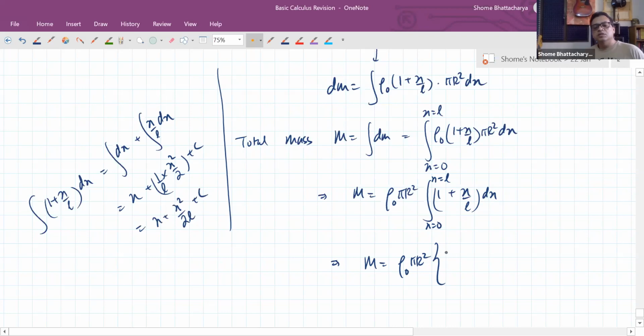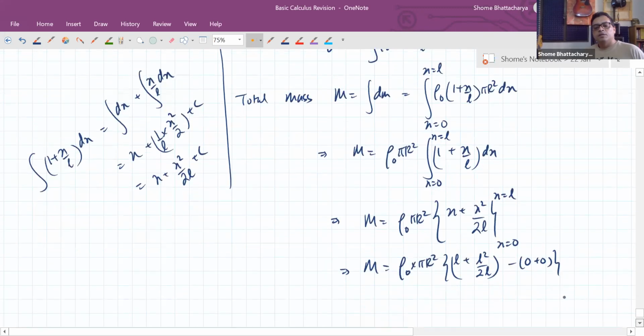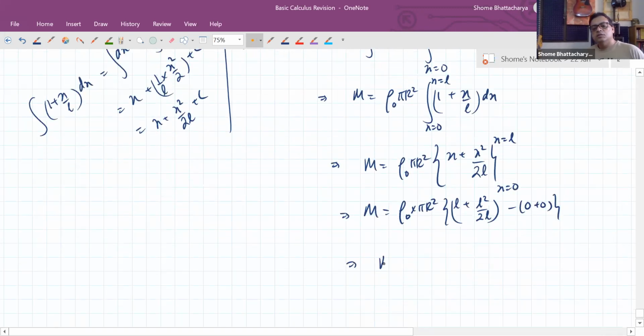When we put the limits, we don't need to write the integration constant. Instead, we'll just put the limits x equal to 0 to x equal to L. So the upper limit minus the lower limit, the lower limit will be 0 only. Okay. So the total mass will become 3 by 2 rho naught into pi r square into L.